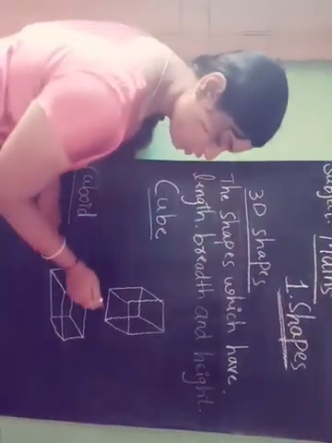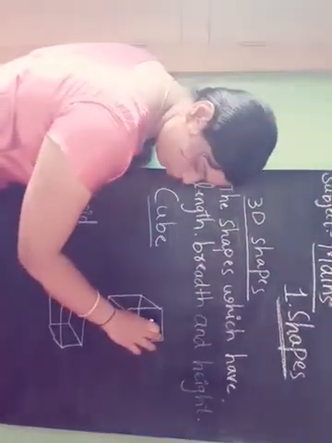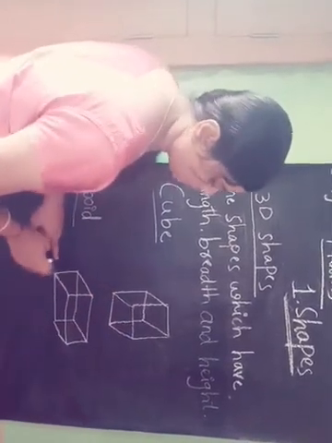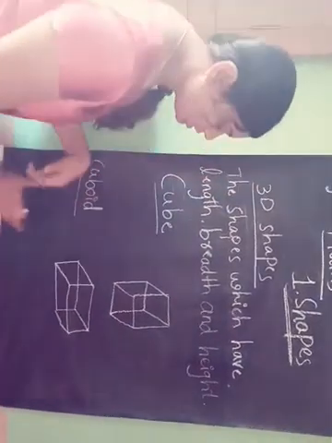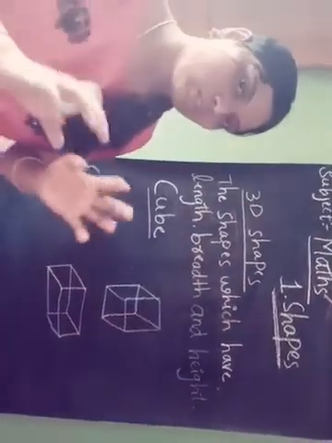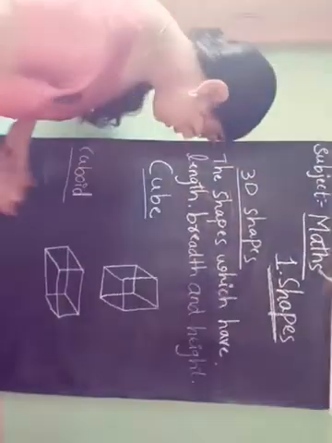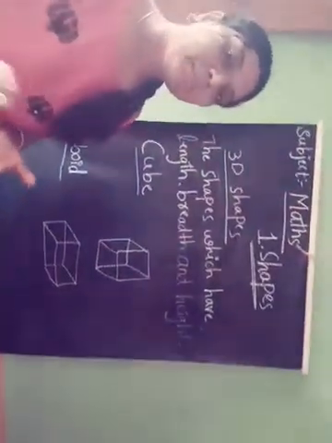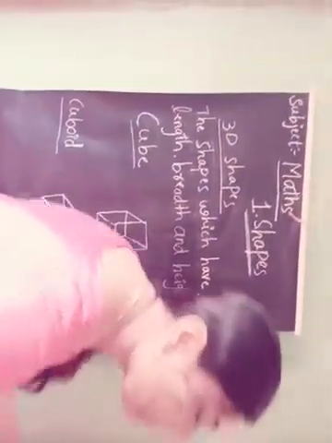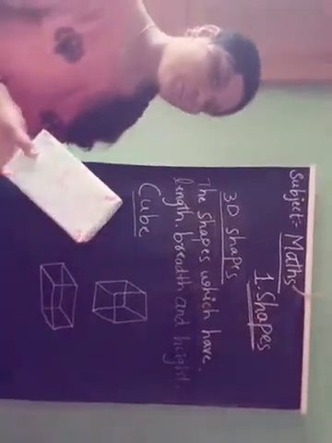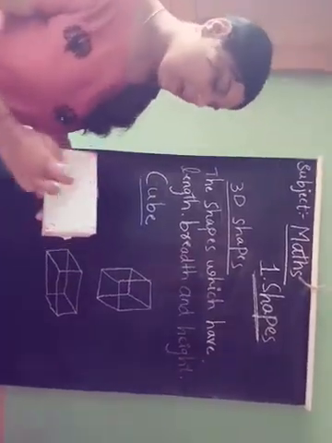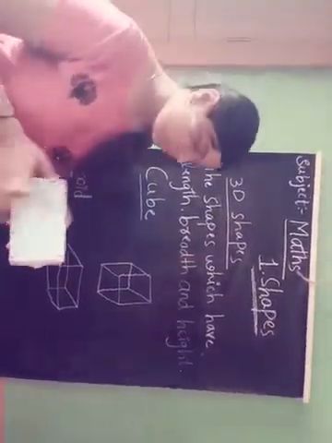For a cube we draw a square and one more square and join these vertices or corners. Here it is a cuboid. Bricks, boxes are examples of cuboids. I made one box like this. A cuboid has length, breadth and height.